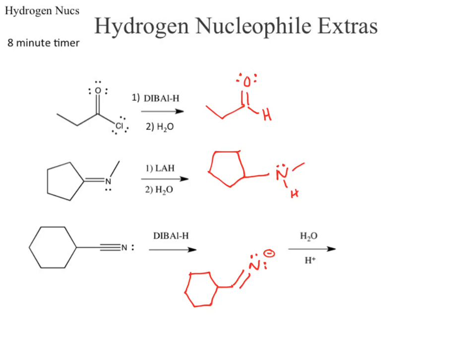Okay, the addition of water and acid, we'd say, okay, well, just like all our other DIBAL reactions, we would expect to go through and protonate that nitrogen and turn it into an oxygen. What? What happened?